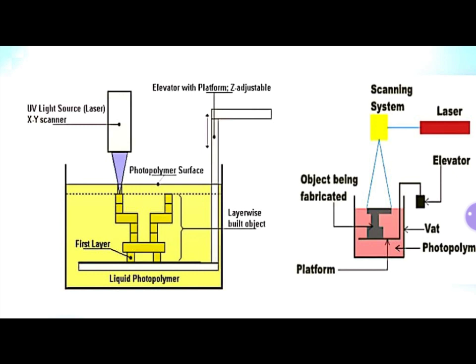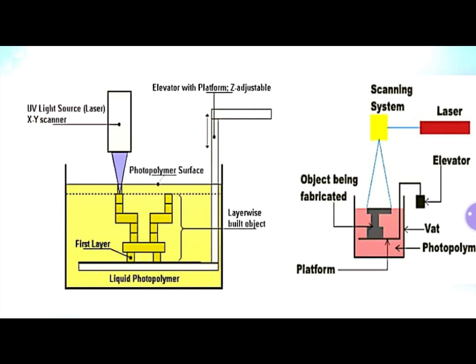After curing the first layer, the light is incident onto the horizontal or vertical depending upon the data, and then the second layer is cured. After curing the second layer, the platform again moves down so that another layer can be cured. This is how we are going to get a final 3D model.